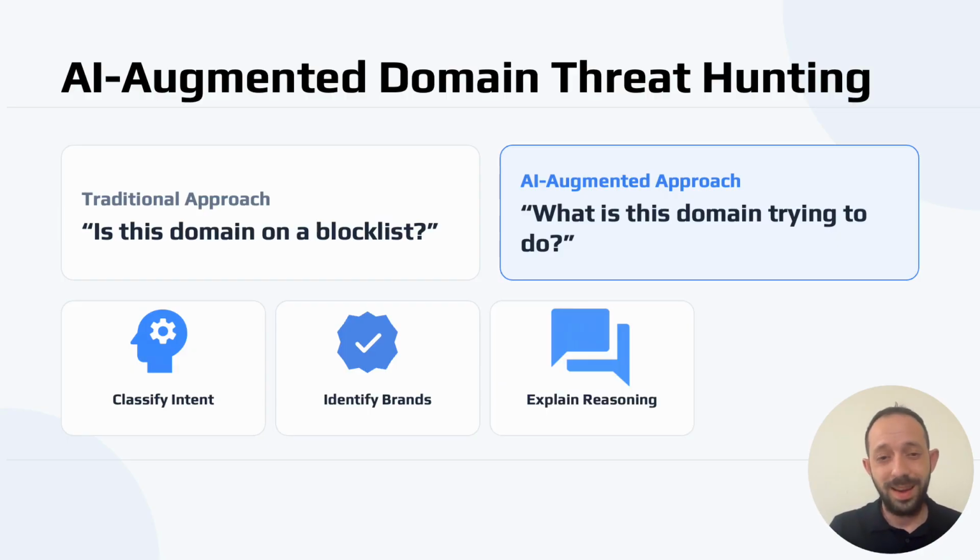Now, a key advantage of the AI is that it can provide an explanation of the conclusion it reached. So, for example, if I give the AI a domain to analyze and it gives me a one-line reason why it concluded that the domain is malicious, then it will make me trust the result.